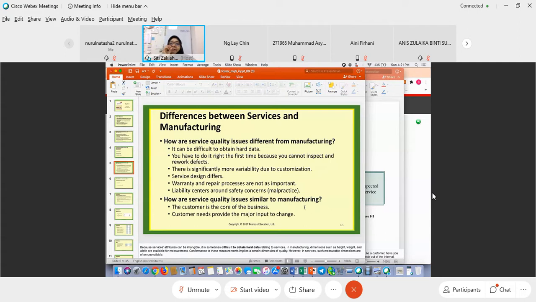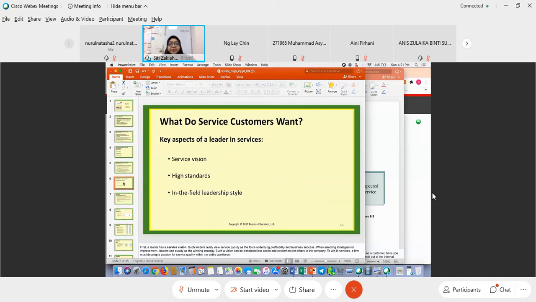But they have a similarity, that is the customer, right? Customer is their core business, both for products and for services. And customer needs to provide major input to change. This is especially true for service. Of course, it's what the customer wants.